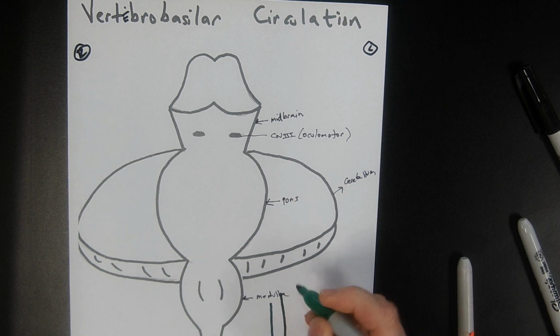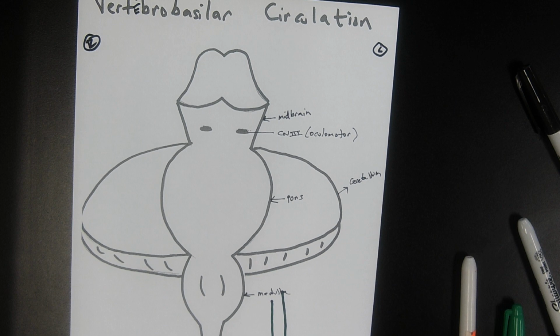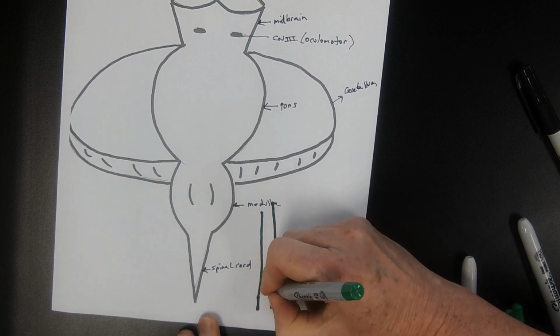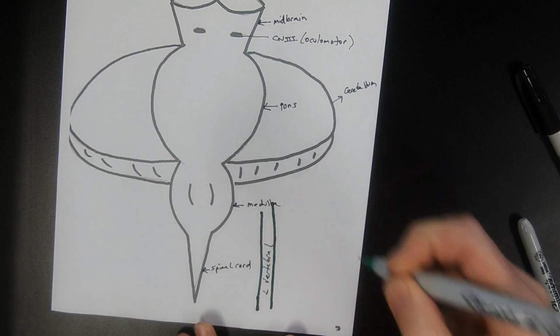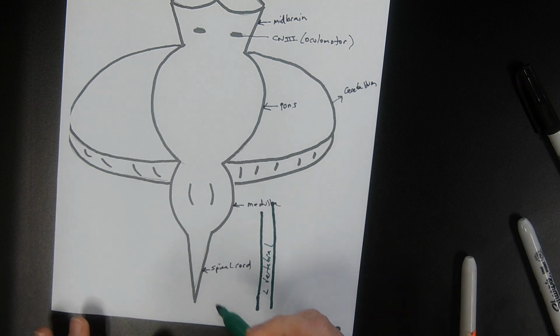So remember the name of the artery that came off the subclavian? What would this artery be coming off the left side? Yeah, this is your left vertebral. There's your left vertebral artery coming up, continuing on from the heart.